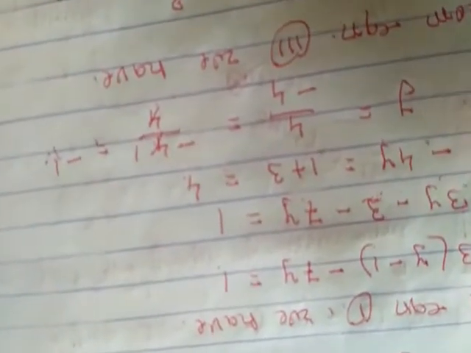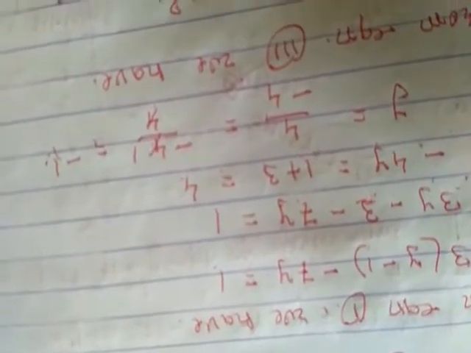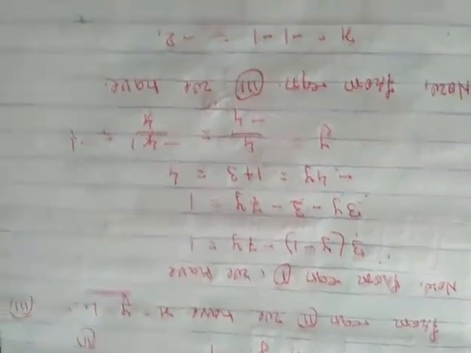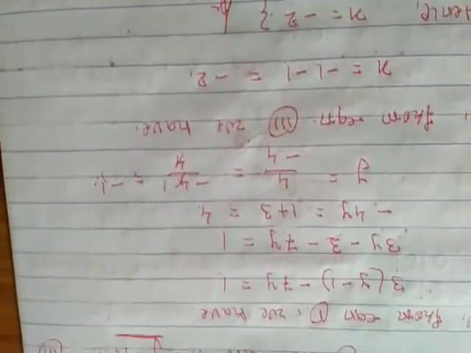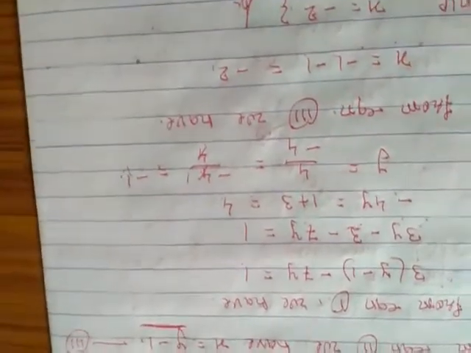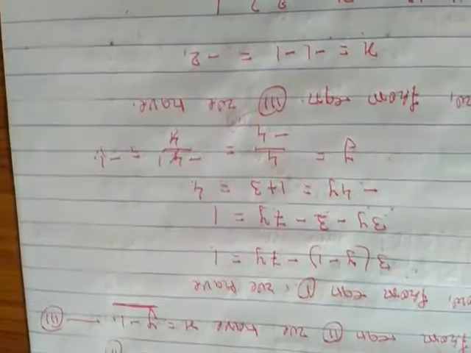So in this way we solve linear equations by the substitution method. In the substitution method, we substitute the value of a variable from one equation into another equation, and by doing so we get the value of both variables.